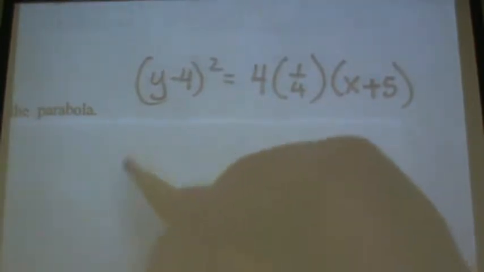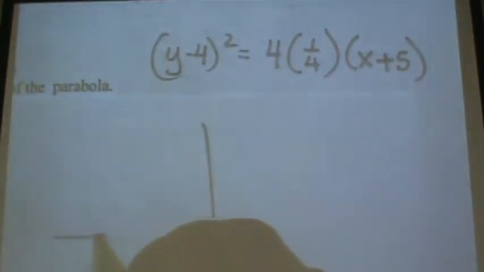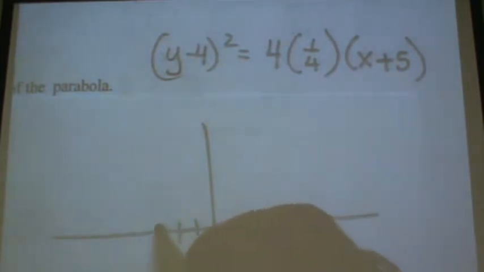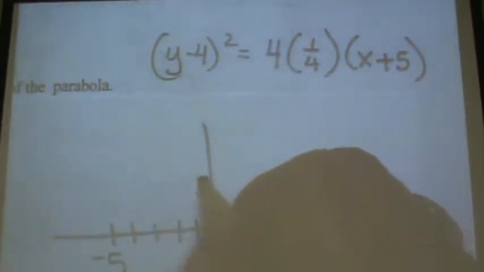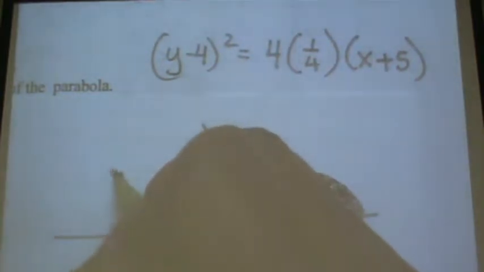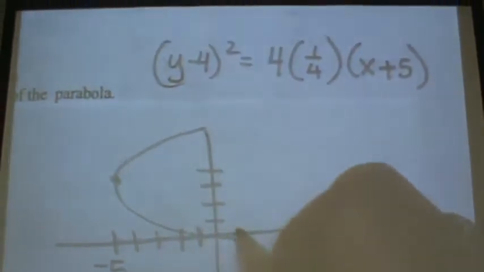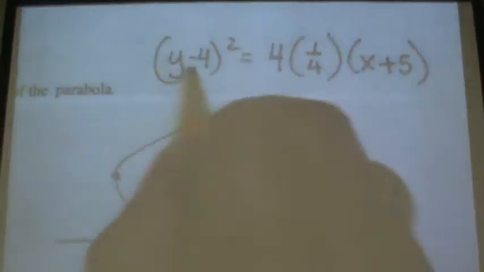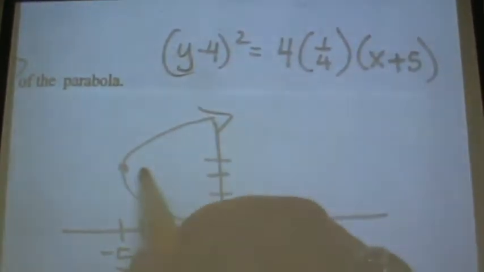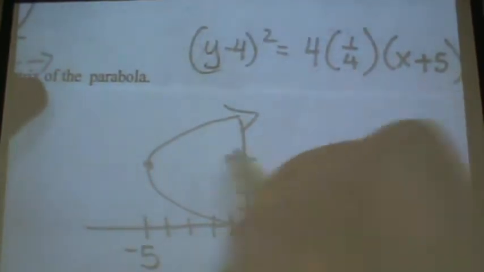I'm going to go 5 units to the left, 1, 2, 3, 4, 5, and 4 units up. So this one's going to be on its side because the y value is squared. And the branches are going to be pointing towards the positive side because 4 is positive.